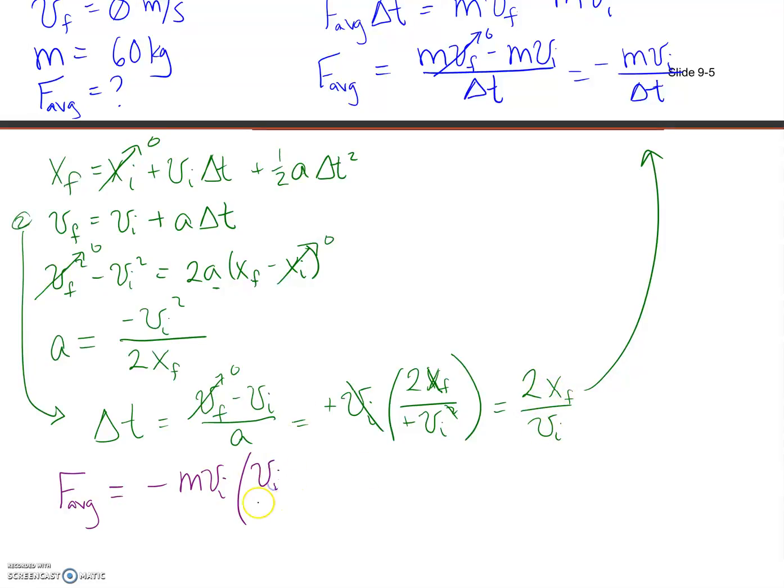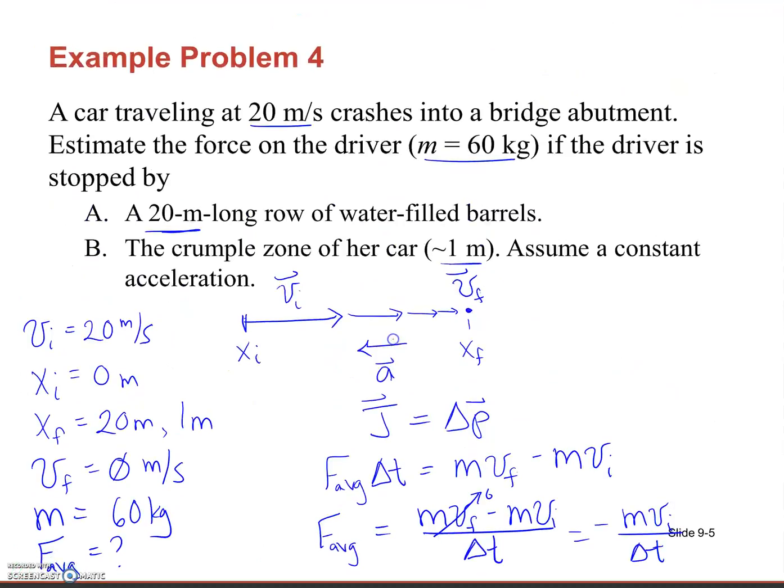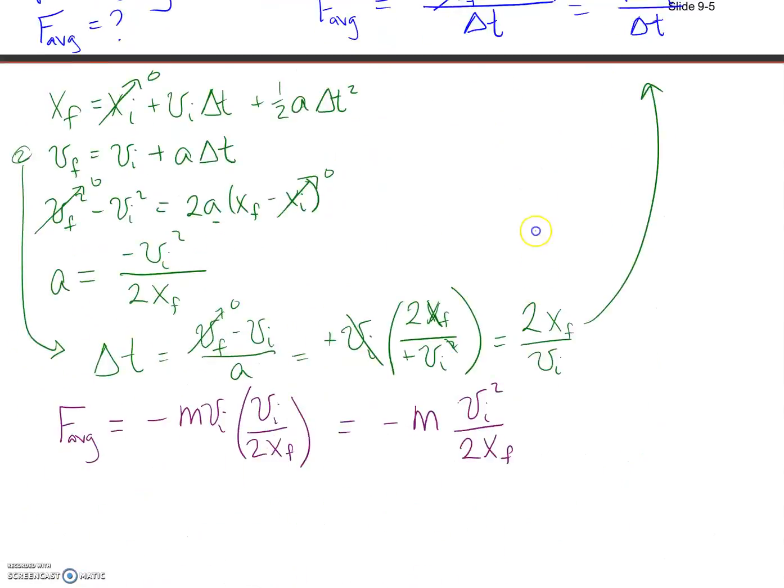That's v initial over 2 x final. Let's simplify this a little bit: negative m times v initial squared over 2 x final. My force ends up being negative, which is fine because, as we expect, a negative force is what's slowing us down from the positive direction.